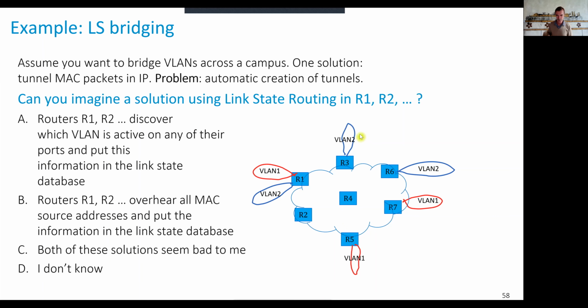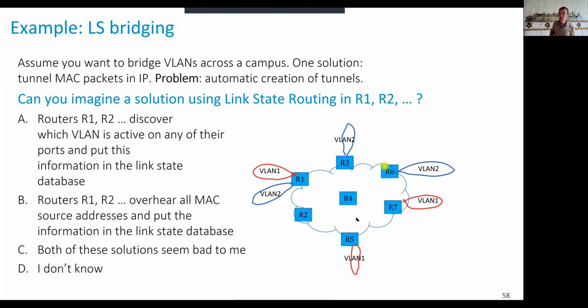And whenever there is a virtual LAN 2 packet that has to go to a virtual LAN 2 packet there, we will put this Ethernet packet into an IP packet, destination R1. Then R1 will see that's an IP packet that contains a virtual LAN packet. So it will look at the virtual LAN header and see this is virtual LAN 2. I need to pass it to my virtual LAN interface here. So this is the idea.